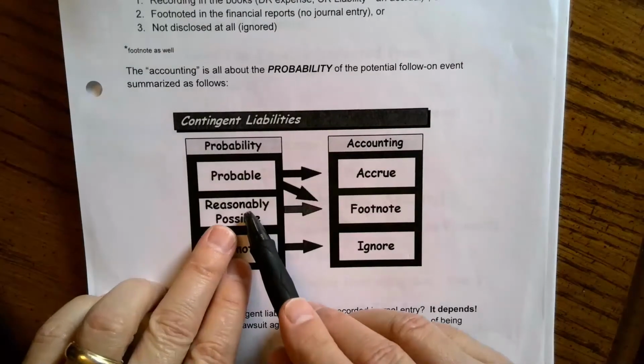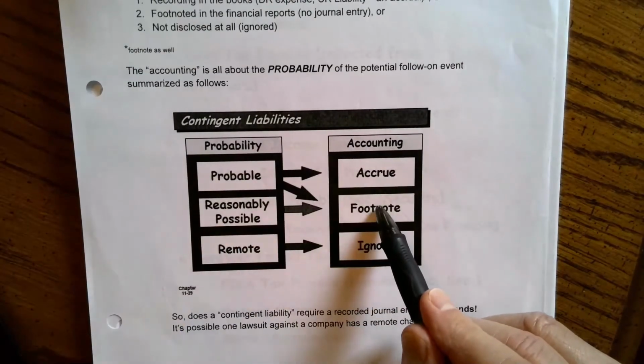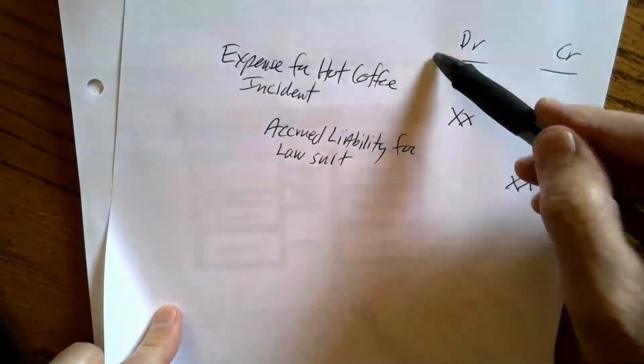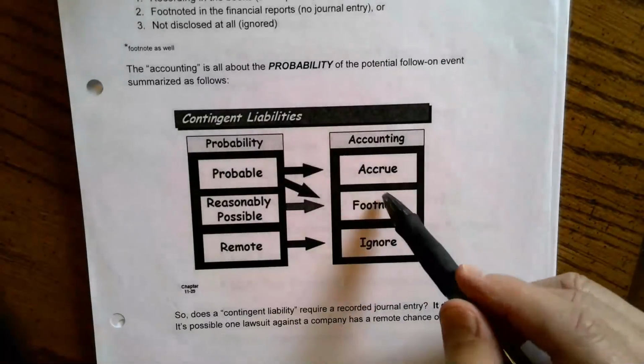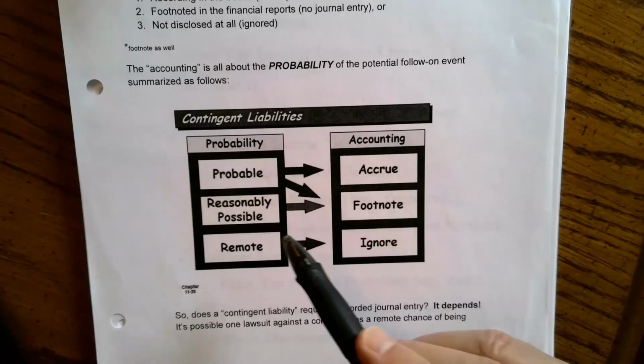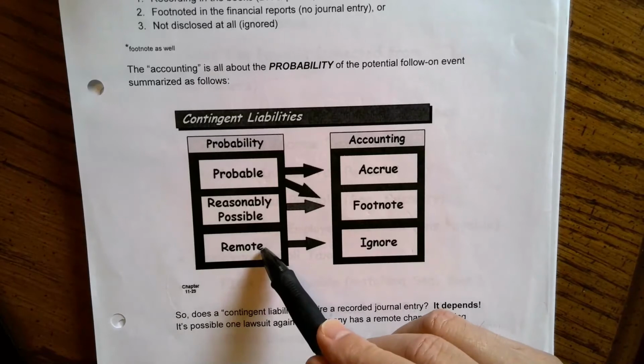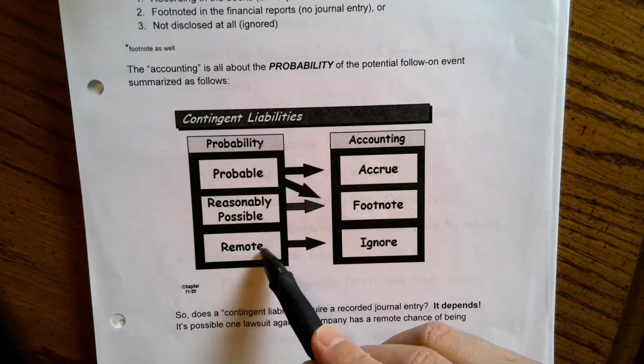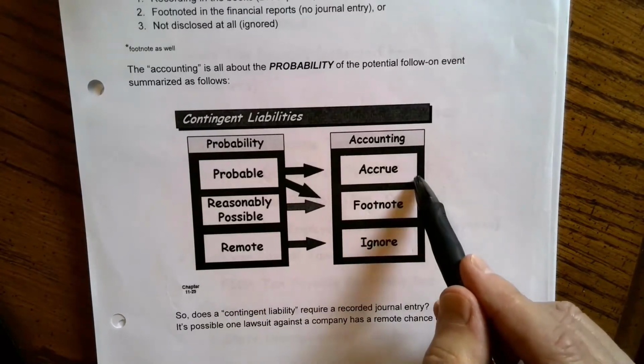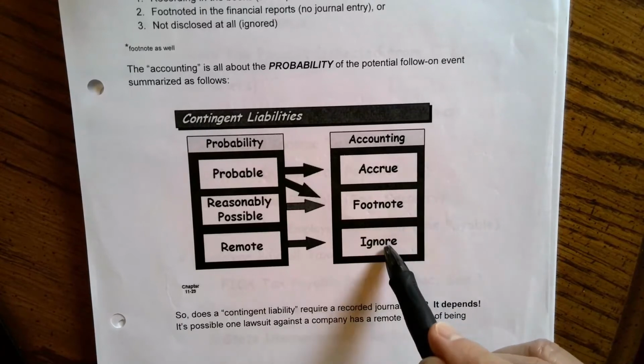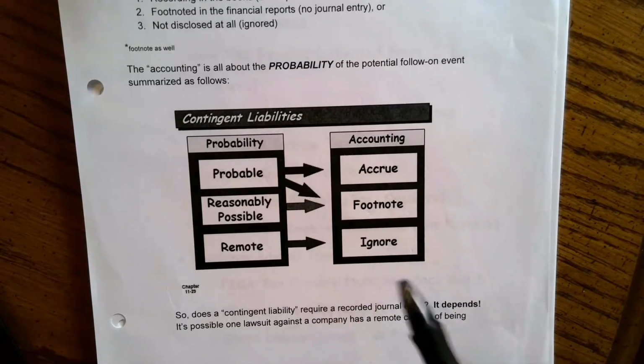Again, if only reasonably possible, it would only be footnoted. This journal entry would not be made, only a footnote in the financial statements, and if the lawsuit has a very remote chance of succeeding, it does not have to be recorded, does not have to be footnoted, it can be ignored as concerns financial accounting.